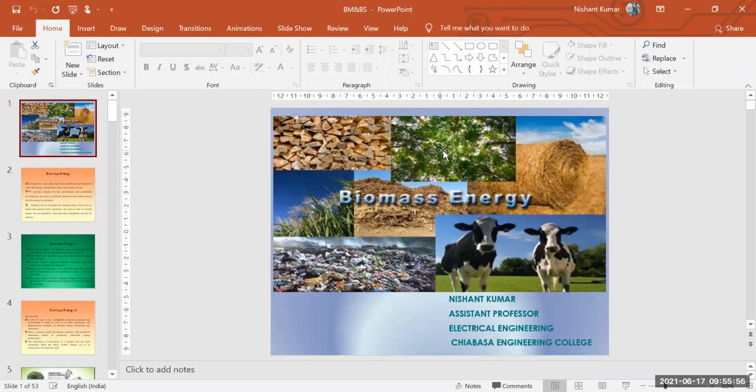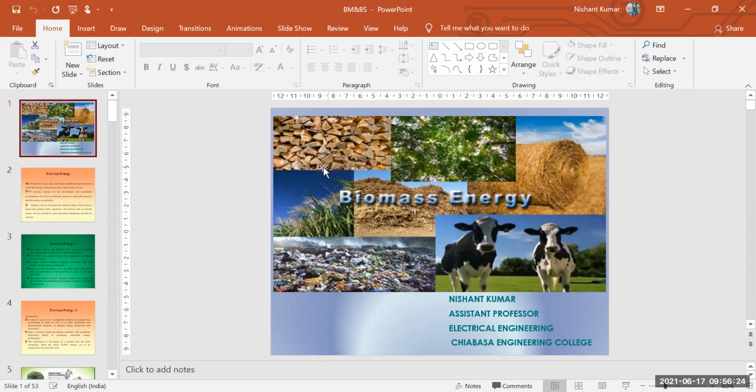We have dry leaves, grasses, agriculture residues, and over here you could see the corn. You could also have animal residue, agriculture and municipal waste. These all combined are called biomass energy.